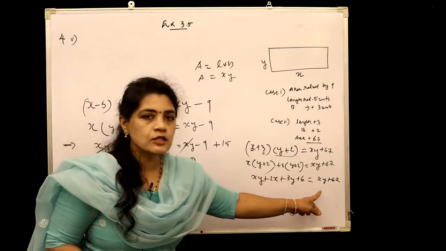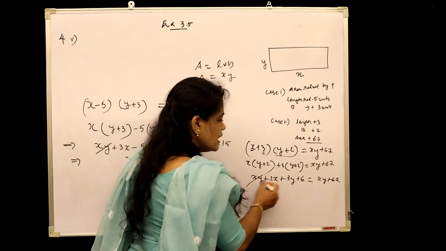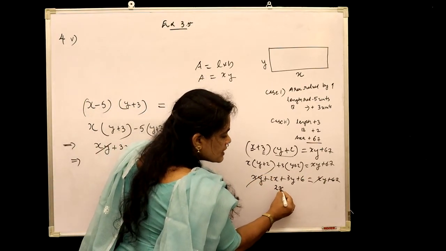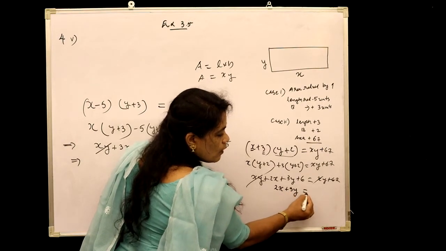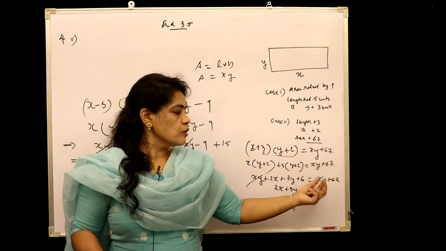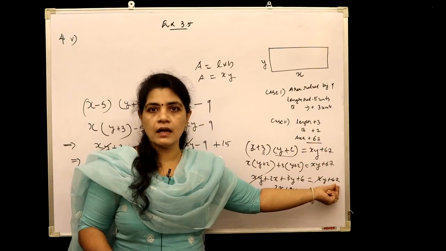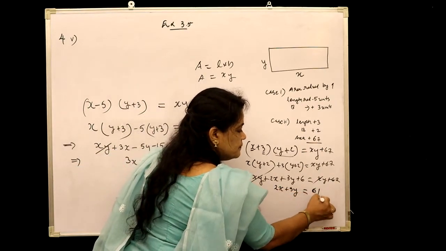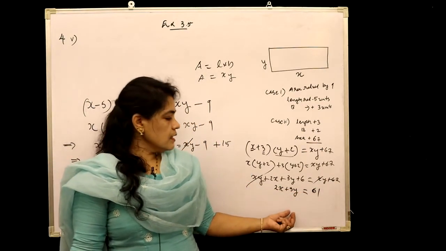Here xy and xy, both LHS and RHS have the same sign, so they get cancelled. So 2x plus 3y, and when this 6 goes to the RHS, it becomes negative 6. So positive 67 is there on the RHS. So 67 minus 6 is 61. So this is the equation.